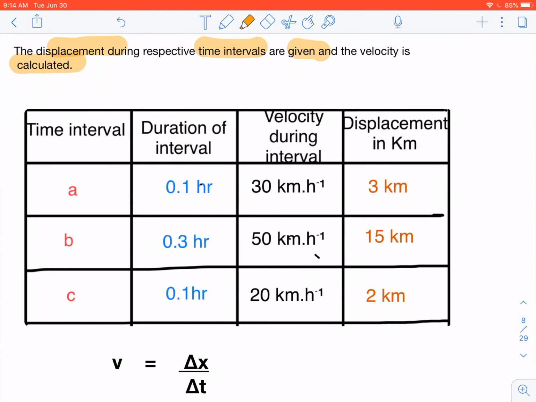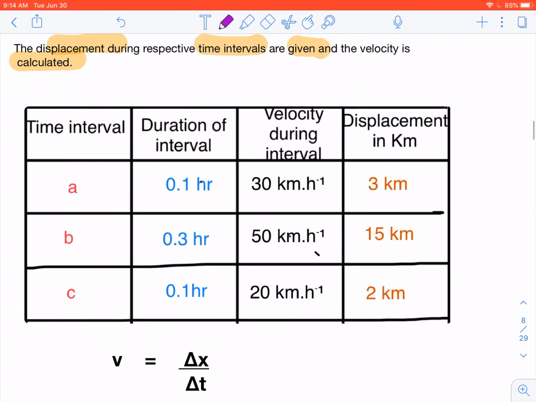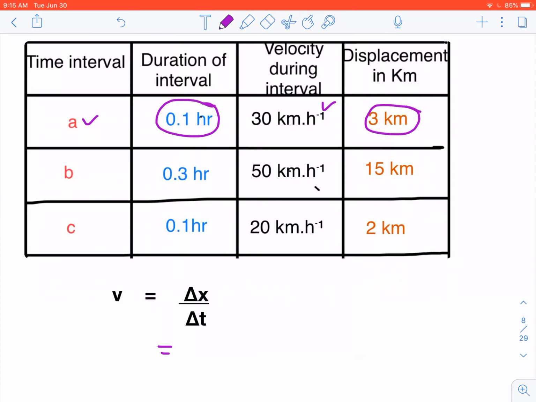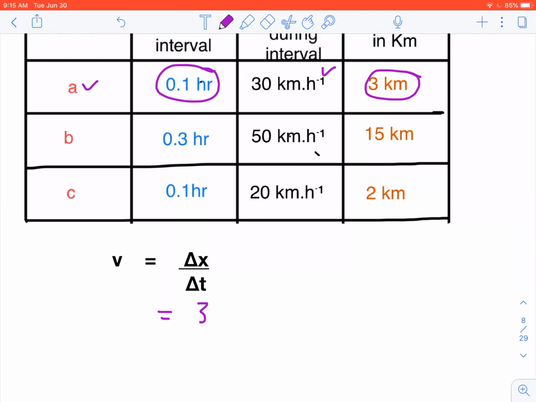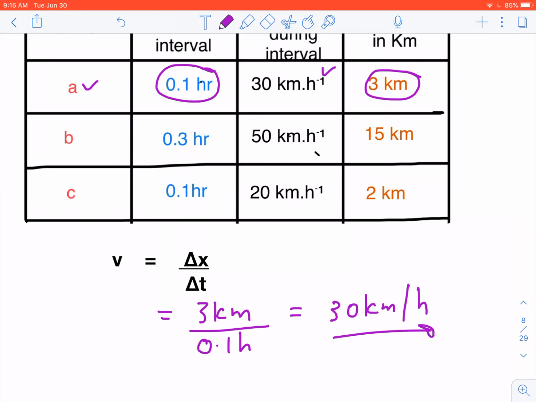For time interval A, the displacement is 3 kilometers. We want to calculate the velocity, which is equal to change in x, which is the displacement, 3 kilometers, over the time interval of 0.1 hour, which is then equal to 30 kilometers an hour.